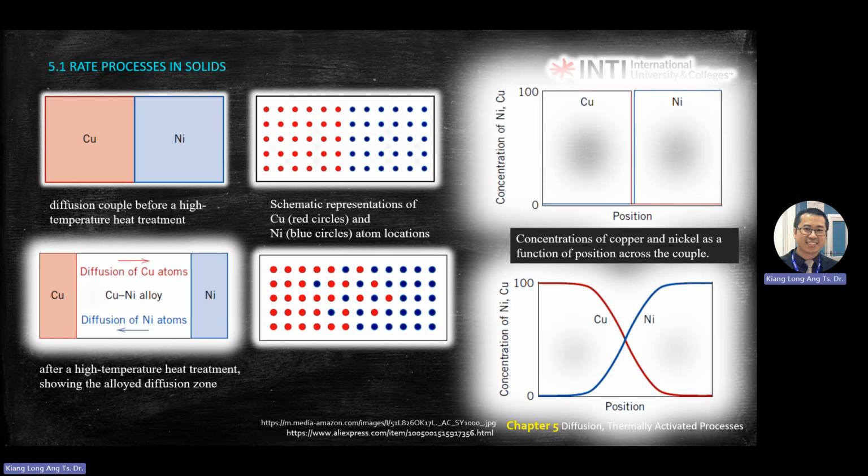Okay. Now, copper and nickel can do this behavior. We are assuming their radius or diameter will be almost the same, so that they can switch place very easily, right? Like this.